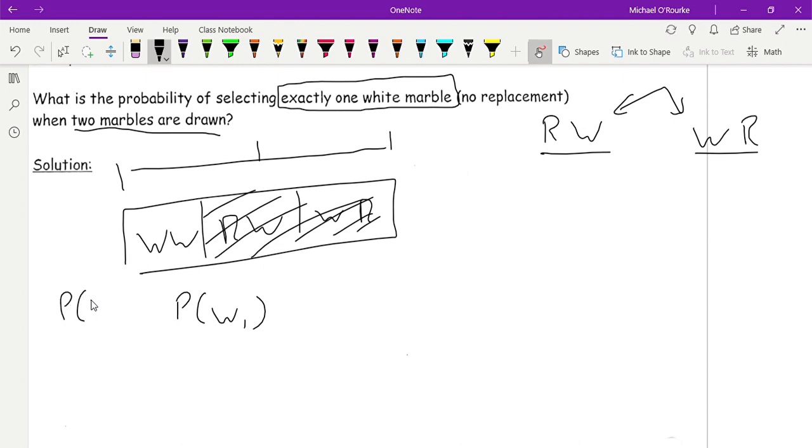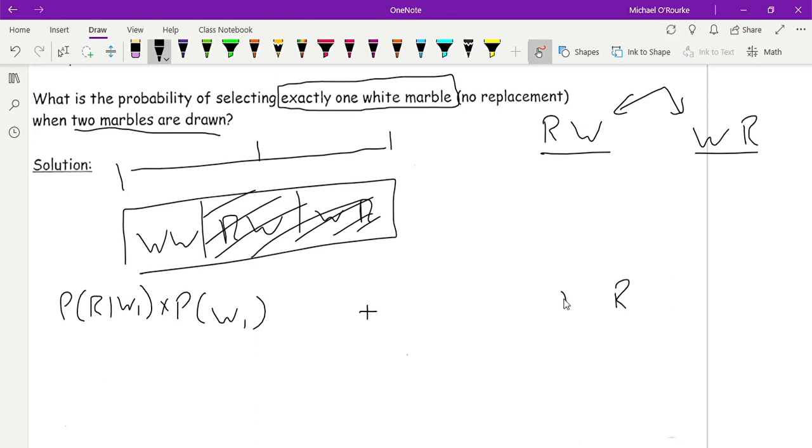Probability of red, knowing that I picked the white one. Okay? Does that make sense what I just did there? So I'm going to pick the white one first. Then what's the probability of picking a red one knowing that I picked the white one? Okay? Then the other one I would do, I'd pick a red first.